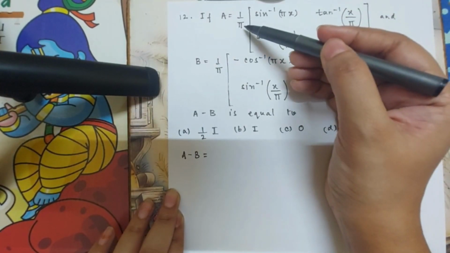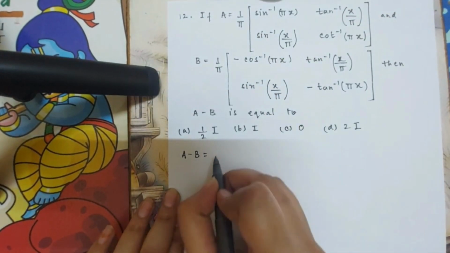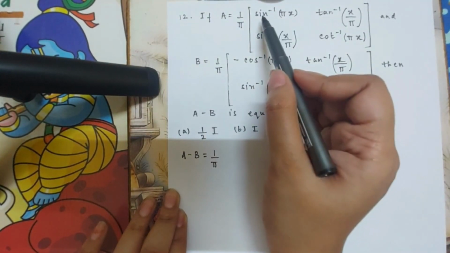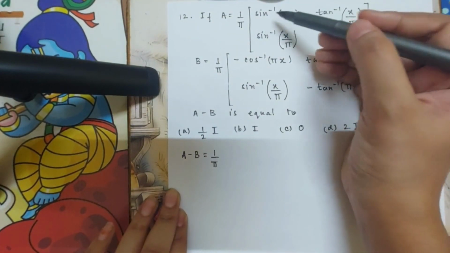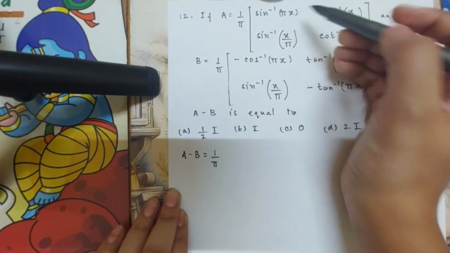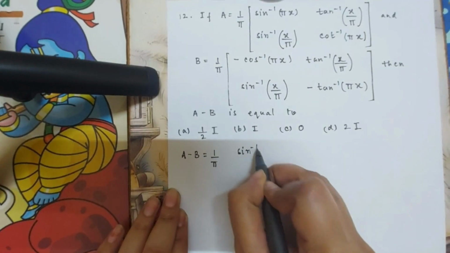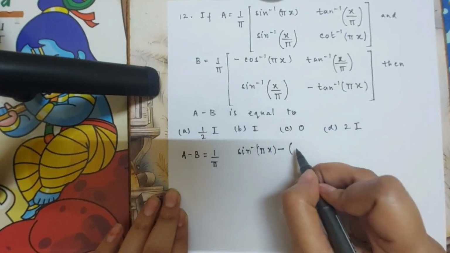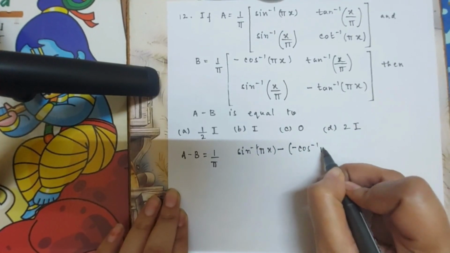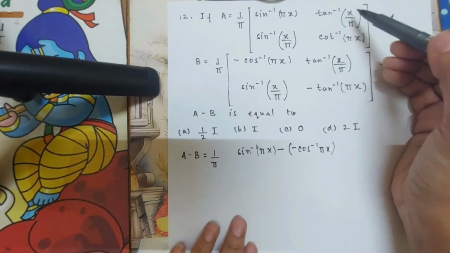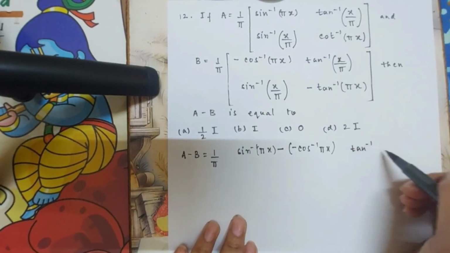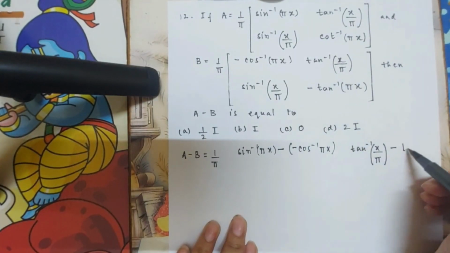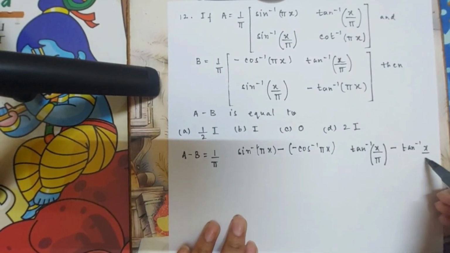So A minus B will be equal to, we'll be subtracting these two matrices. We have 1 by pi common in these two matrices, so I'll be writing 1 by pi outside. I'll be able to subtract these two as sin inverse pi x minus of, this is minus cos inverse pi x. The second term is tan inverse x divided by pi minus tan inverse x divided by pi.